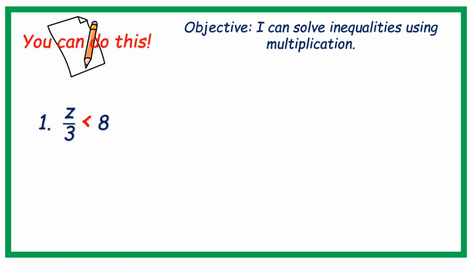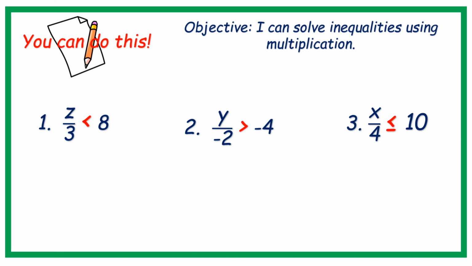Number 1. Z divided by 3 is less than 8. Number 2. Y divided by negative 2 is greater than negative 4. Number 3.